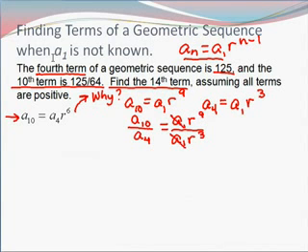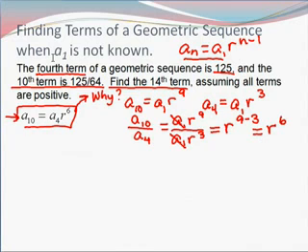The A1s are going to cancel out, and you have the ratio A10 to A4 is equal to r to the 9 minus 3 power. Using those exponent rules, we subtract. And finally, we find r to the 6th. Now if I just multiply both sides by A4, I get this equation over here.